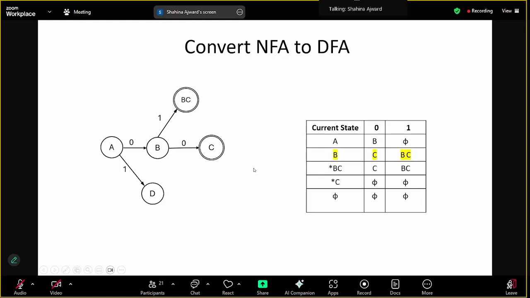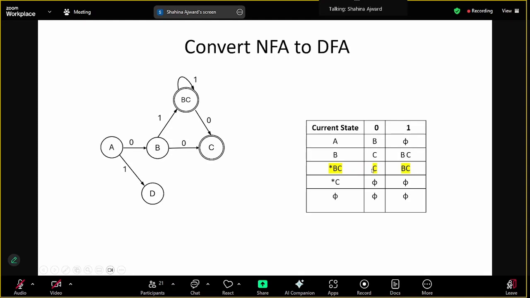The next, we have to check this BC, right? For the BC, it's again another state.